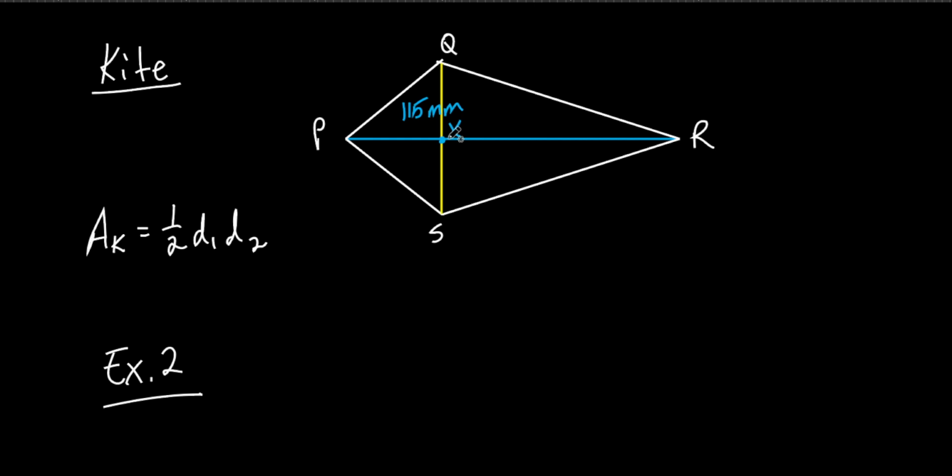Go back and watch the video on kites; we've talked about that before. They only give you one of these, and they tell you that's 115. They also tell you this part right here is 30 centimeters.